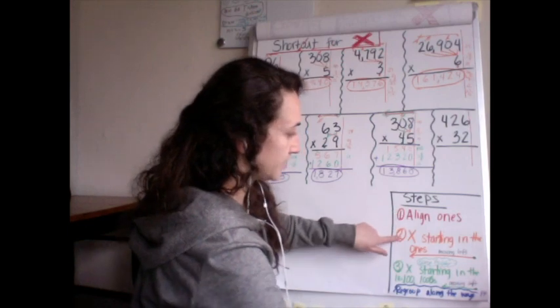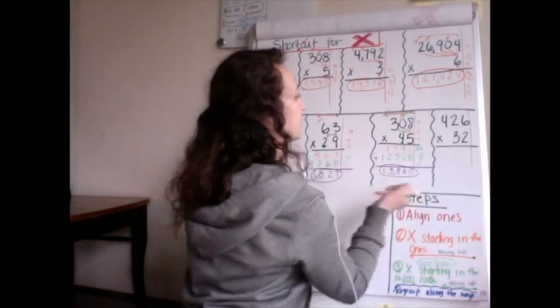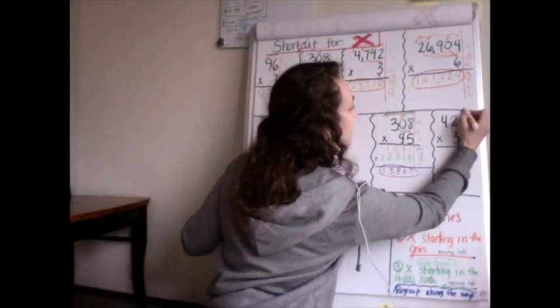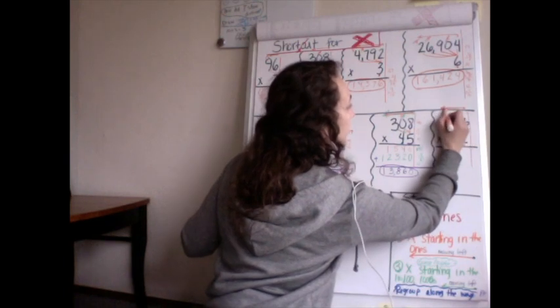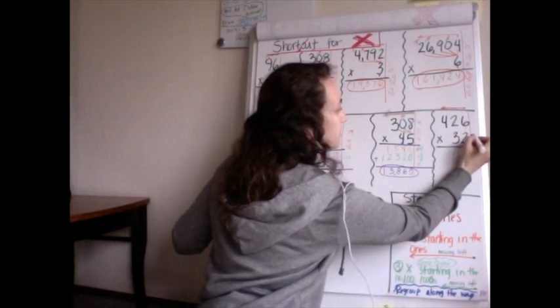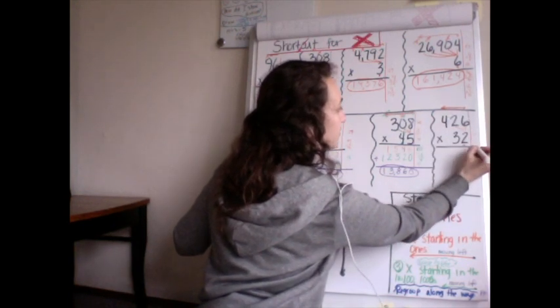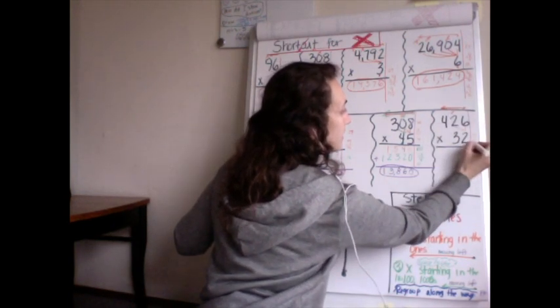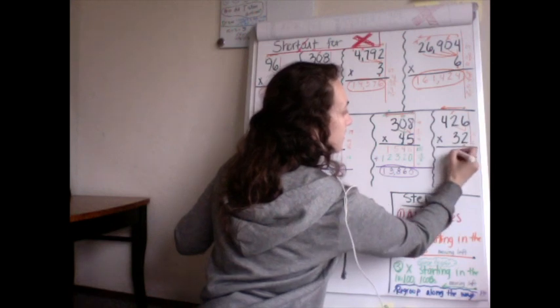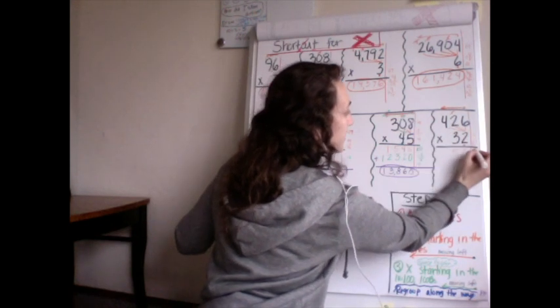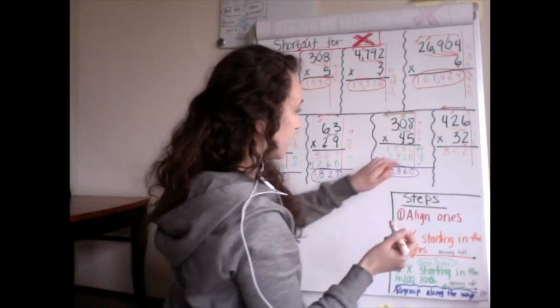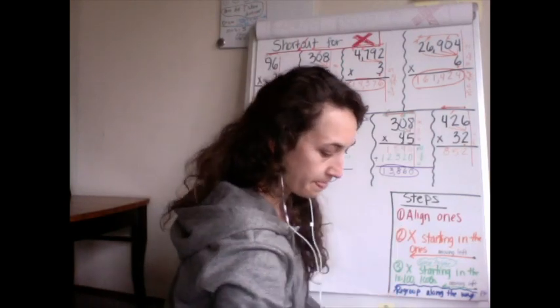Align my ones, starting in the ones place, and moving left. So 2 times 6 is 12. My 2 goes down. My 1 gets regrouped. 2 times 2 is 4. Plus 1 is 5. 2 times 4 is 8. I have nothing else to multiply up here.